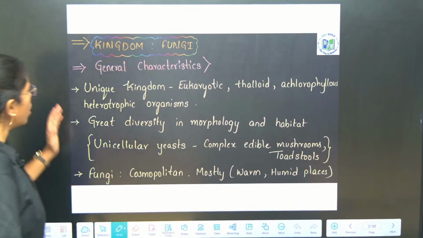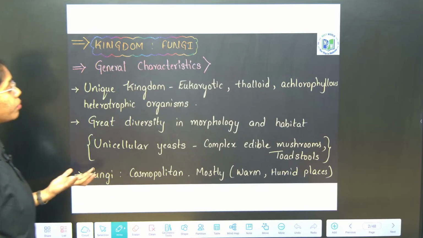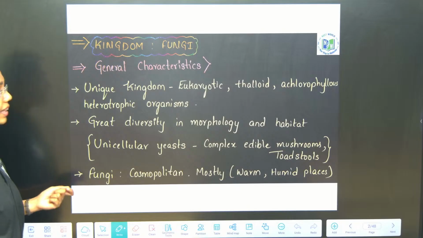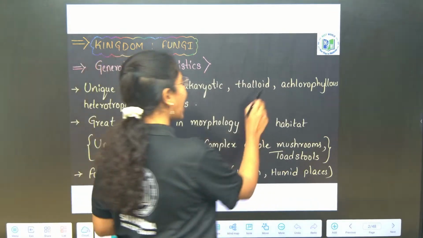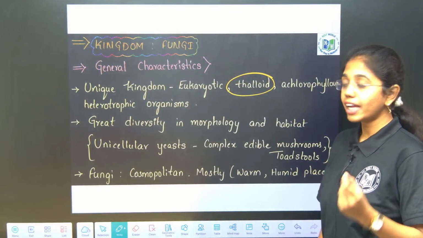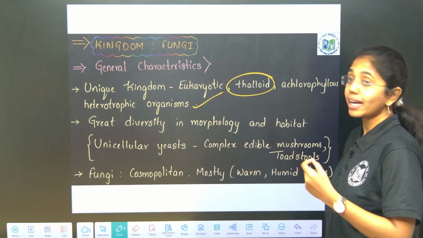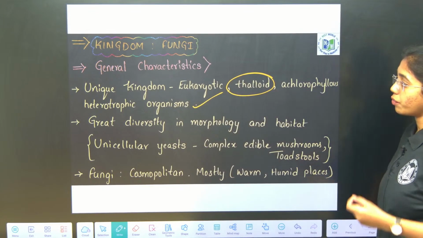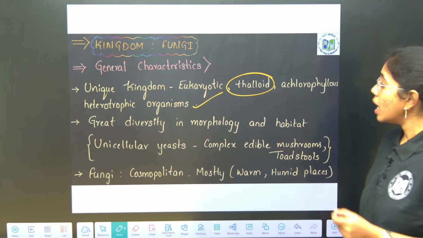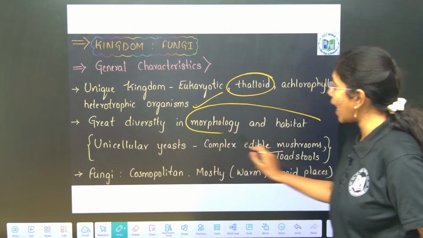So yes, look into the general characteristics of kingdom fungi. How can you describe the organisms belonging to the kingdom fungi? They are eukaryotic, thalloid, achlorophyllous, means those which do not contain chlorophyll, and purely heterotrophic organisms. They exhibit greatest diversity in morphology and habitat.